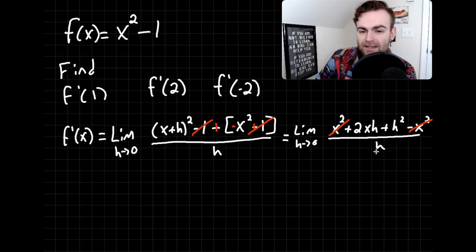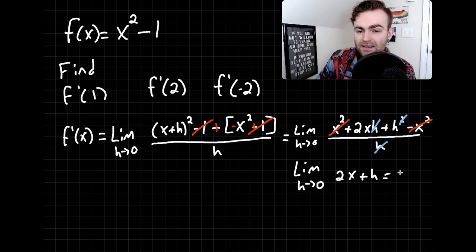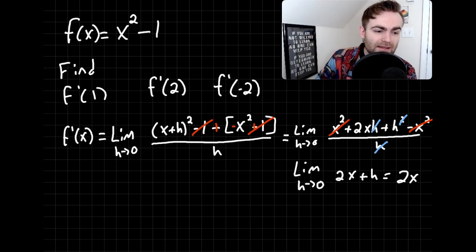We can go ahead and cancel an h out of each of those terms, and that should leave us with the limit as h approaches 0 of 2x plus h, and if we evaluate this limit now as h approaches 0, we get 2x. So f prime of x is equal to 2x.